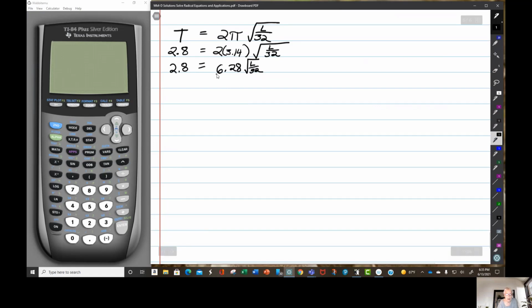Now, I divide both sides by 6.28. So we're going to have 2.8 over 6.28. Don't put it in your calculator yet, because every time you use your calculator, you build up a little more error.